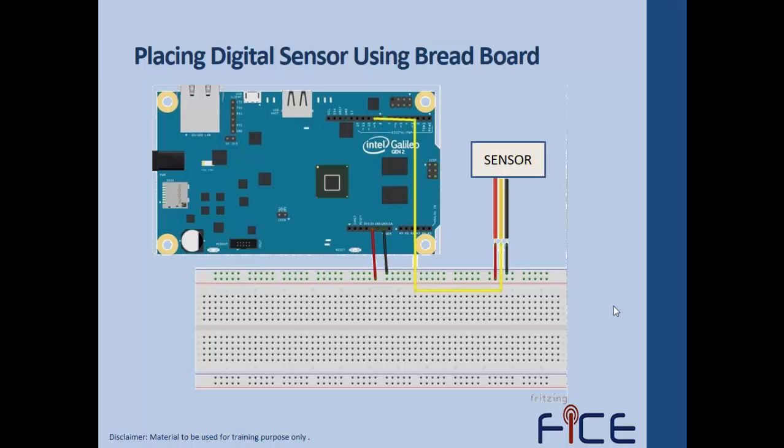And at last, the yellow wire or the output of the sensor is connected to the digital pin of the Intel Galileo Gen 2 board. Suppose we are using an analog sensor instead of this digital sensor, then the output of this analog sensor is interfaced to any of the analog pins of the Intel Galileo board instead of the digital pin.